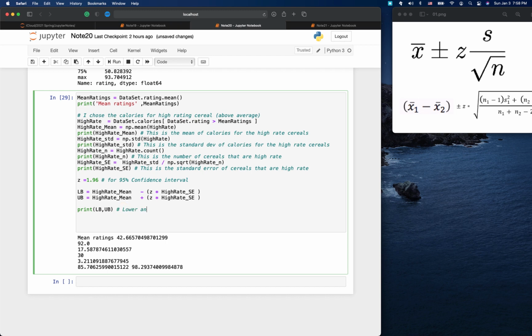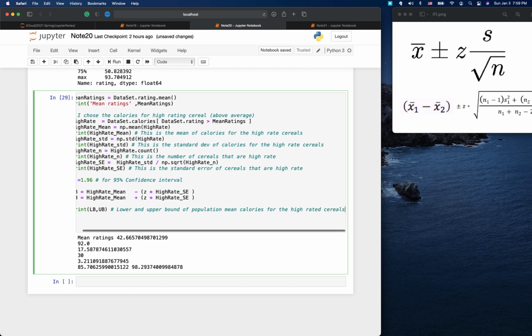And now we have the lower and upper bound of the population mean calories for the high rated cereals.